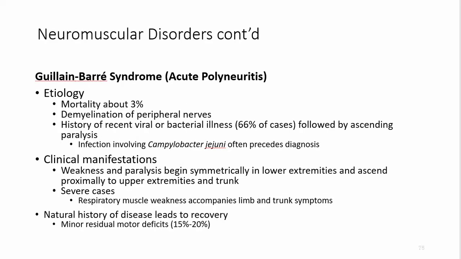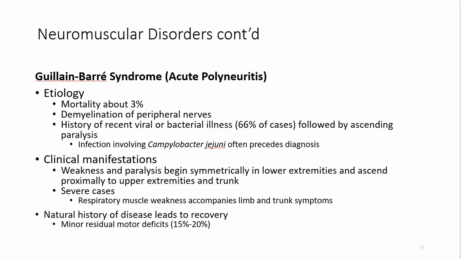Another neuromuscular disease, and it's probably more common, is Guillain-Barré syndrome, polyneuritis. It's an acute syndrome, and it follows some infection, a viral or bacterial infection.